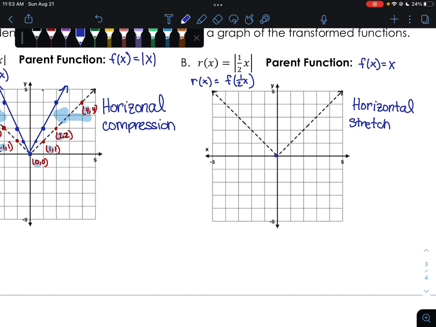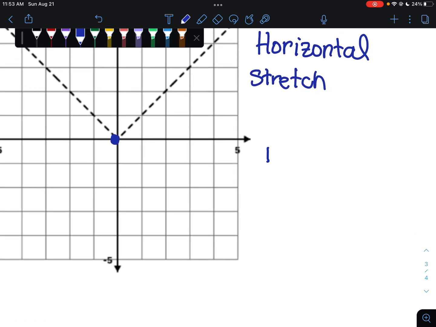So 0, 0 is going to stay the same. If I take 1 and divide it by 1/2, just so you can see what happens, when you're dividing by a fraction, we learned a long time ago that we can multiply by the reciprocal. So 1 times the reciprocal of 1/2, which is 2 over 1, is 2.